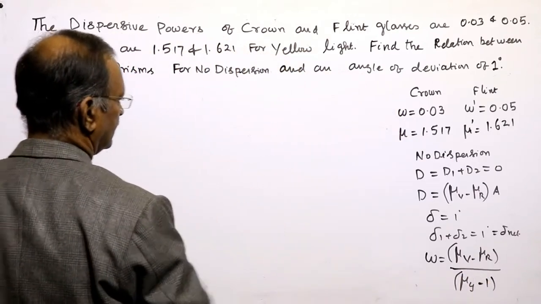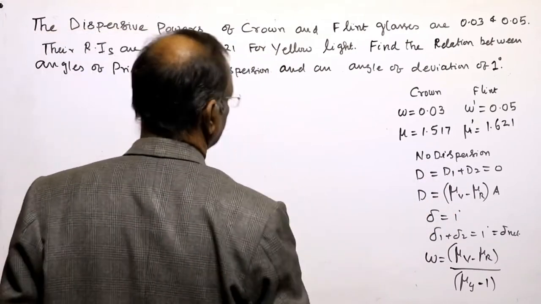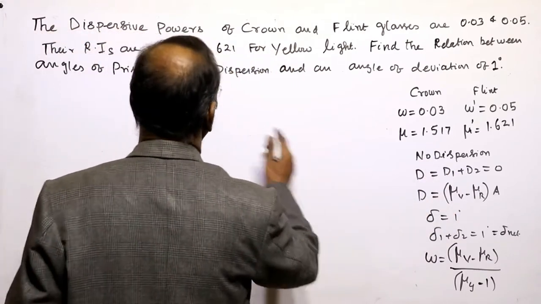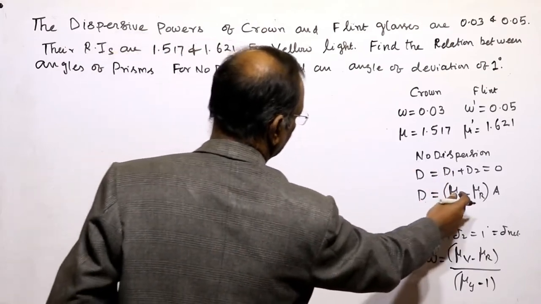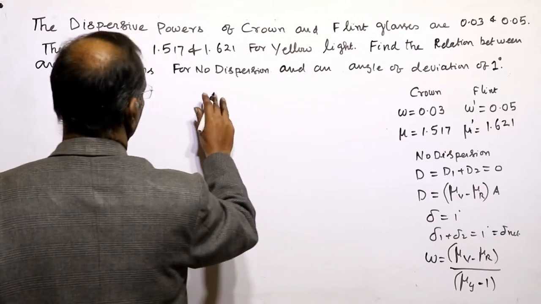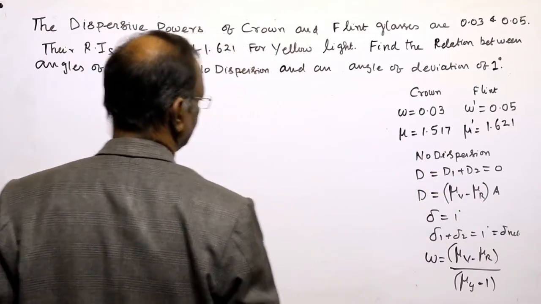So the first condition is net dispersion is equal to 0. Net dispersion means D1 plus D2. D1 is for crown and D2 is for flint.